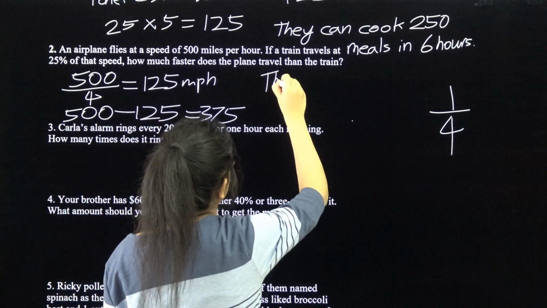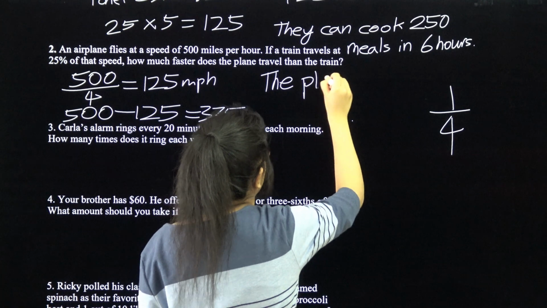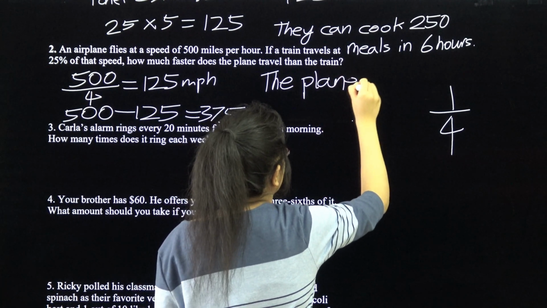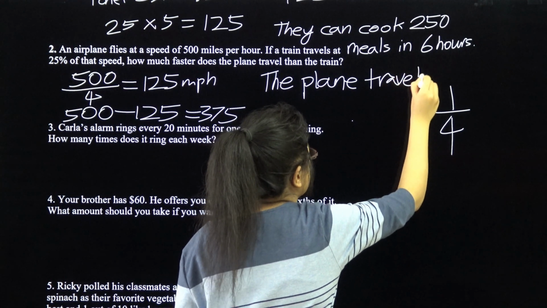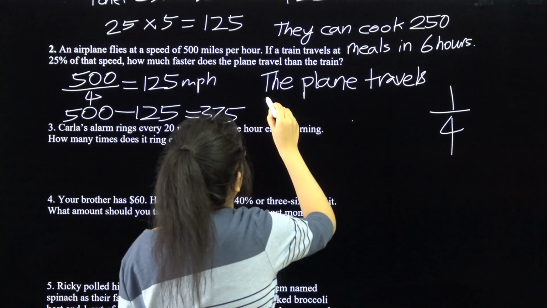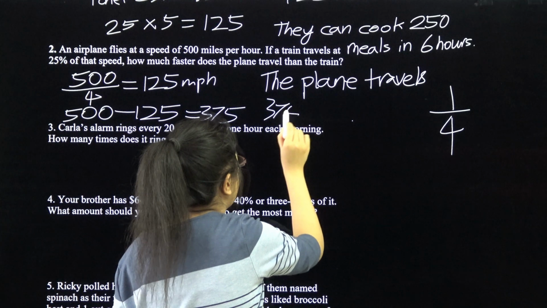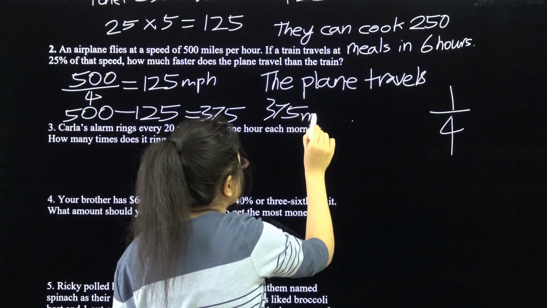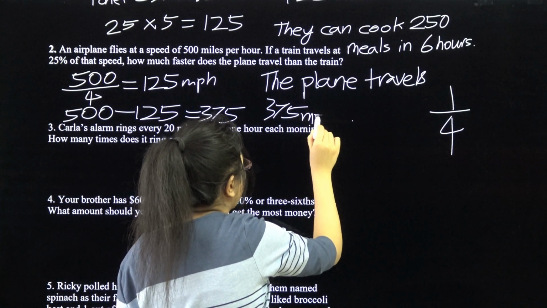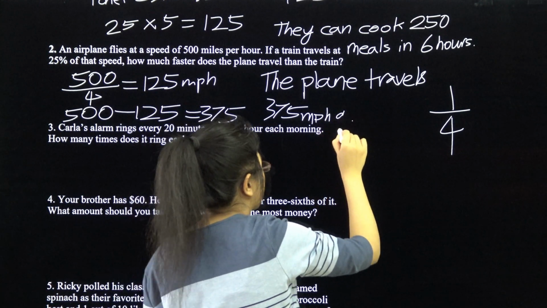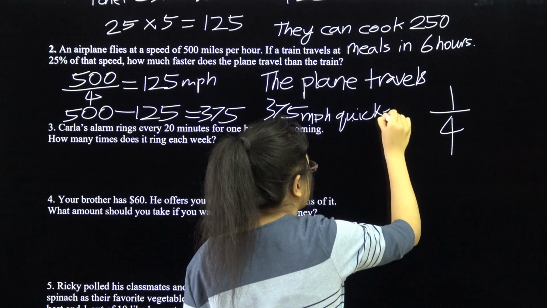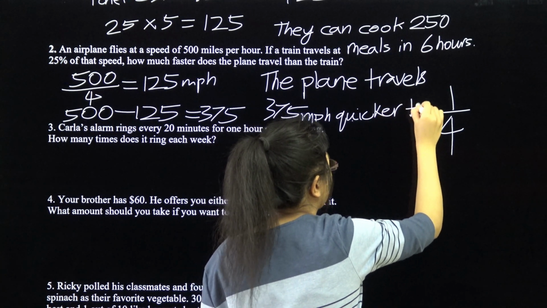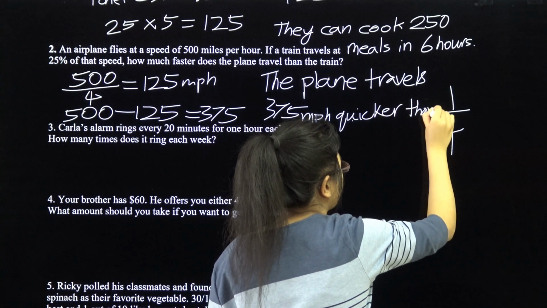The plane travels 375 mph quicker than the train.